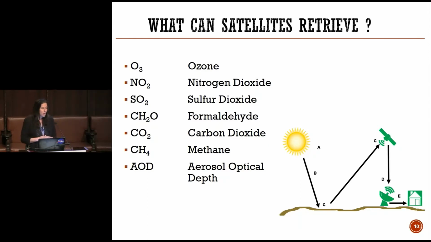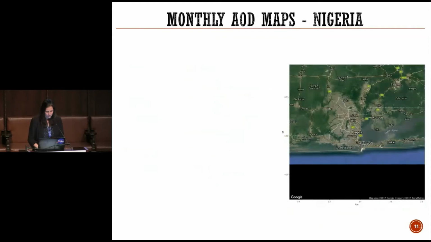But in the atmospheric column, we have aerosols and gases that absorb and reflect this energy. So the AOD reflects the absorption and reflection from these aerosols and gases, which is reduced from the sunlight that arrives at the satellite. What does AOD look like?